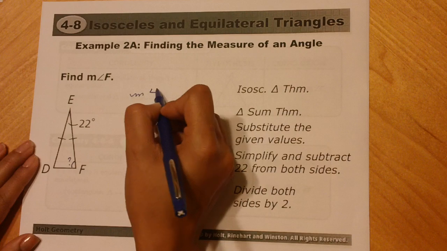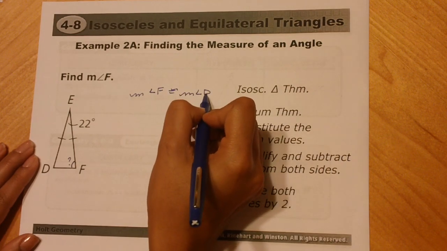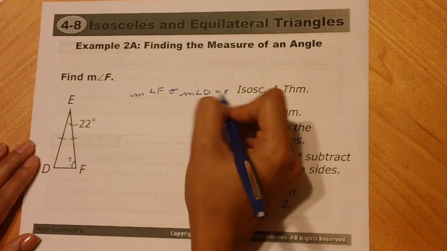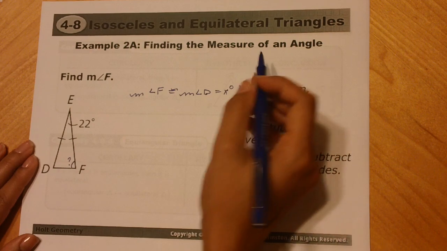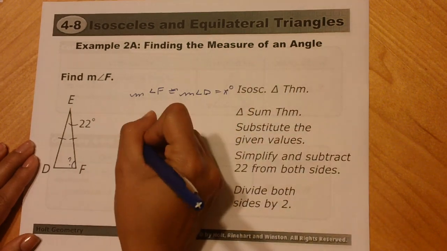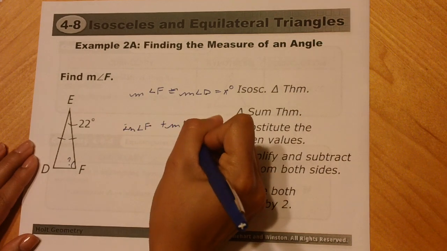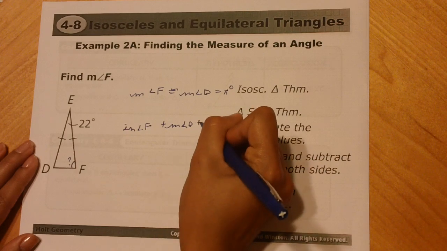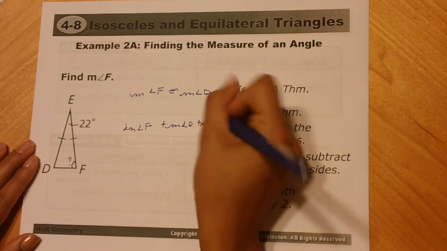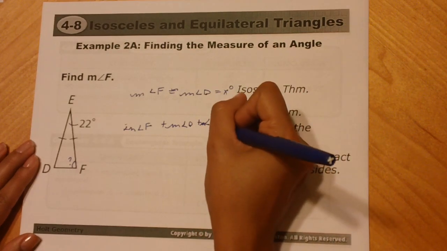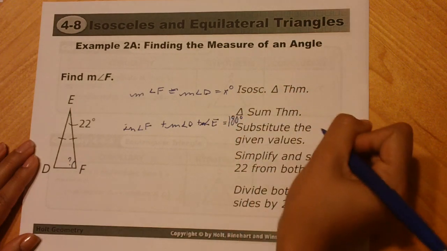The measure of angle F is going to be congruent to the measure of angle D. And so that we don't have to continue writing that, we're just going to say that those two things are going to be X. So I can say that the measure of angle F plus the measure of angle D plus the measure of angle E is going to equal 180 degrees.